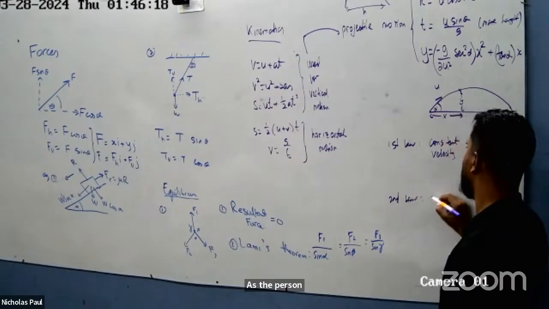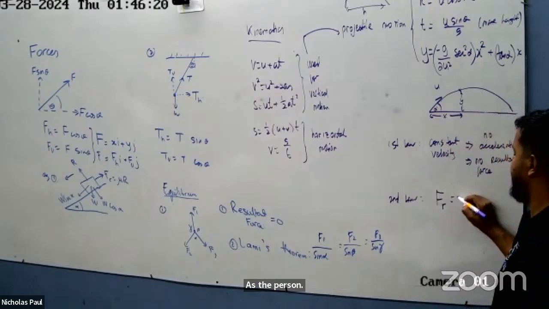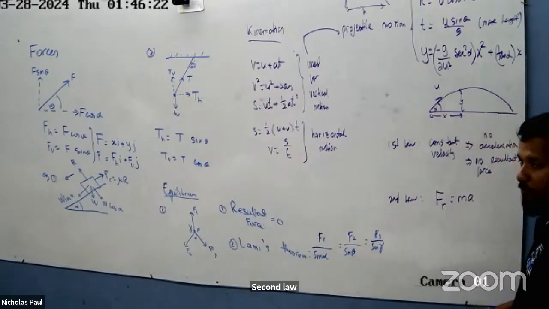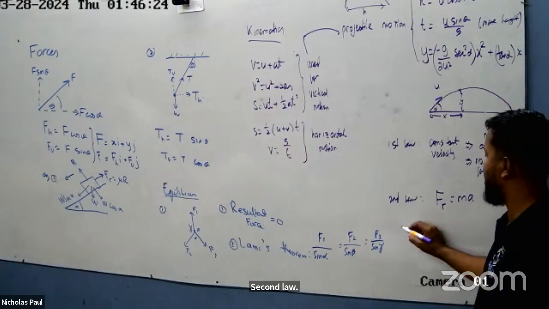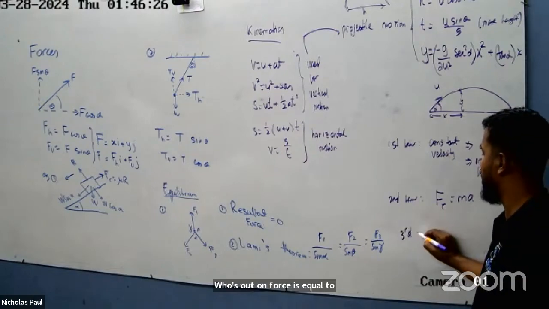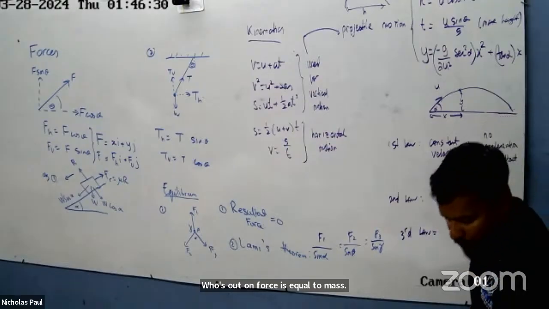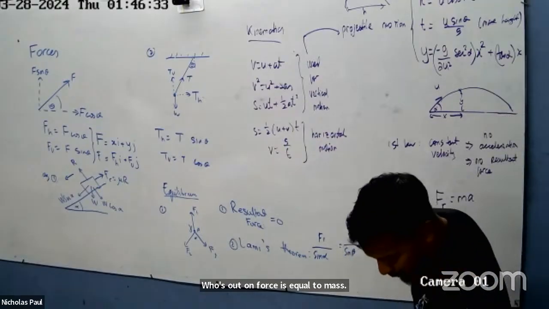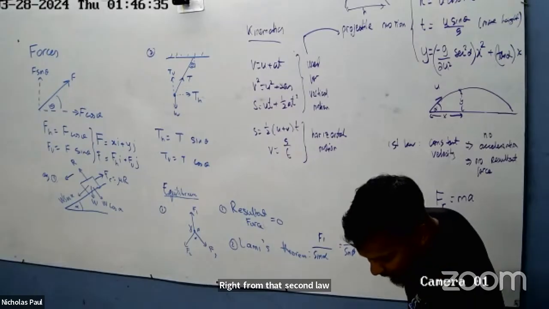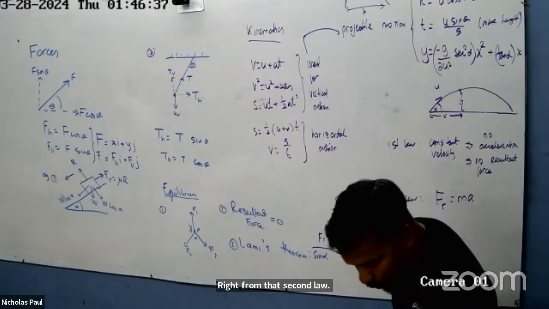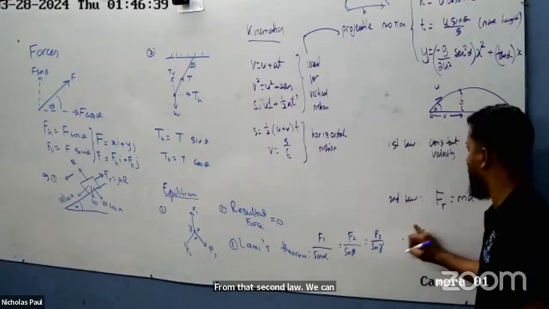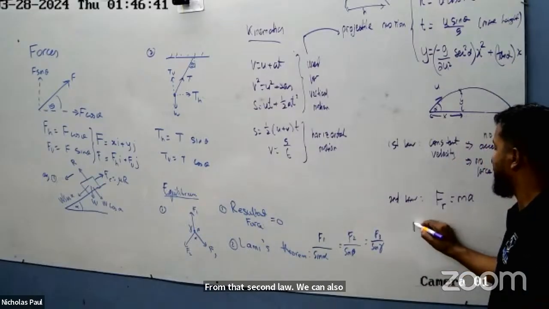Second law, resultant force is equal to mass times acceleration. From that second law, we can also talk about momentum.